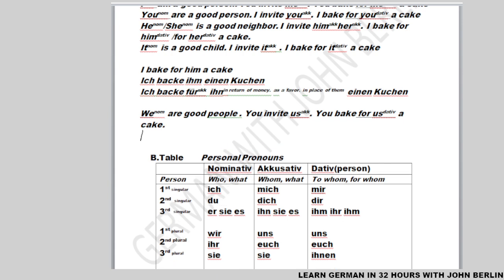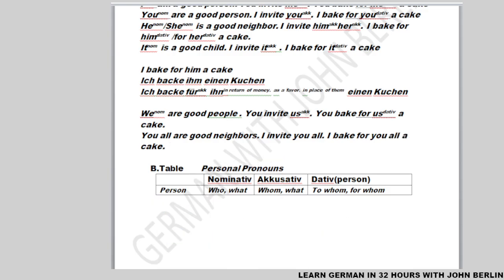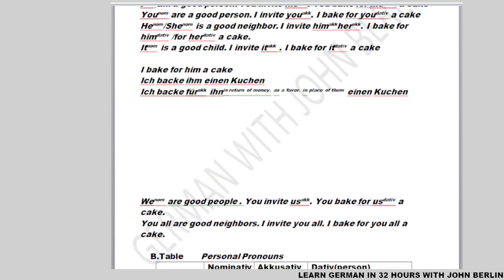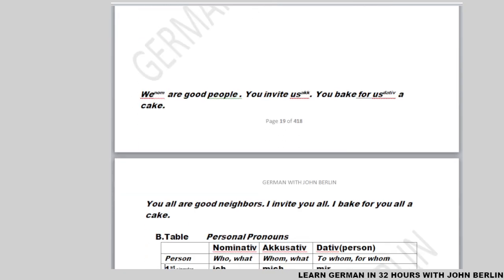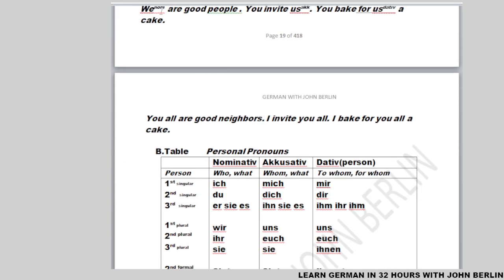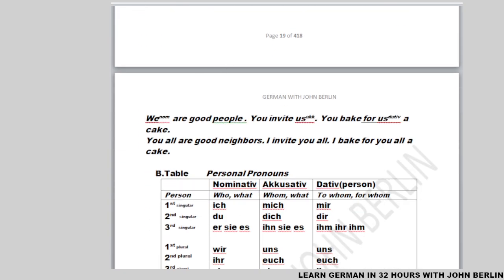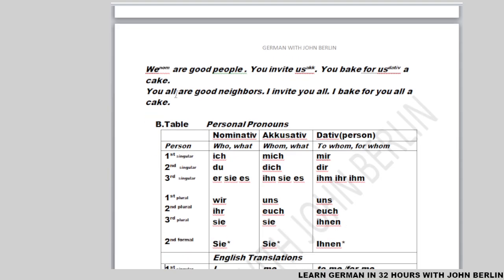All right. Now moving forward, a very important pronoun, talking about you all are good neighbors. I invite you all, and I bake for you all a cake. Now let's talk about the sentence. In English, when you say you all, it's pretty literal, you and all.